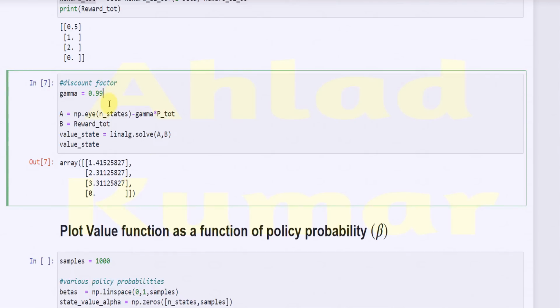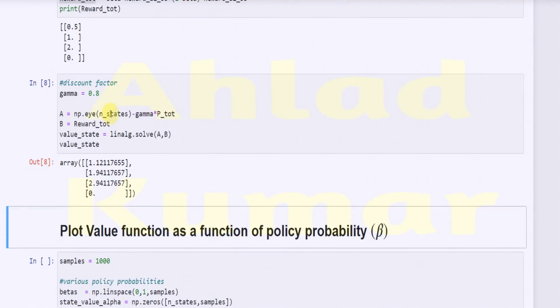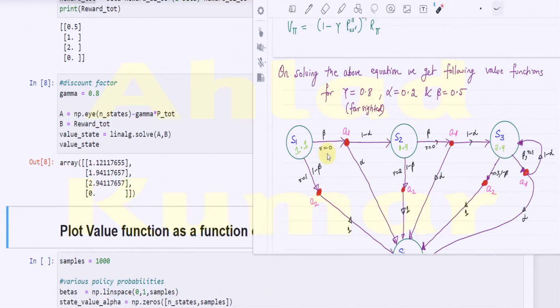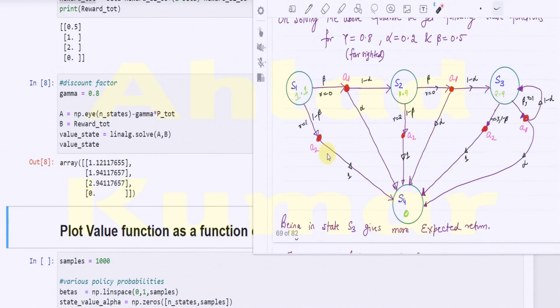If I take, let us say, gamma equal to 0.8, what I get as the answer is 1.12, 1.94, 2.94 and 0. These values are given over here. If you see, these values of 1.1, 1.94, 2.9 and 0 are the values which I have noted over here.